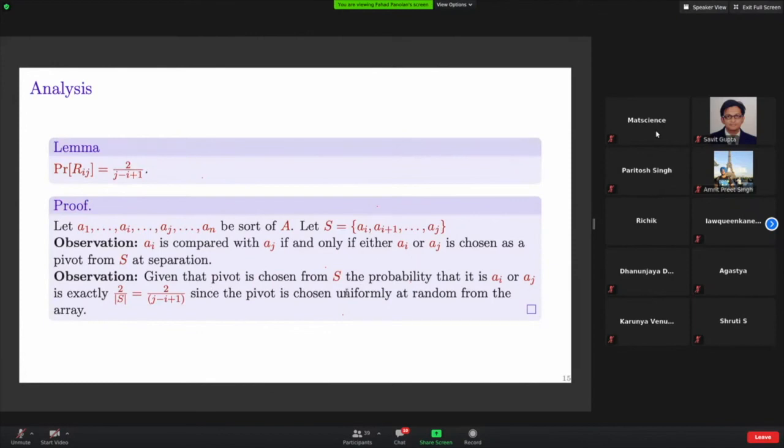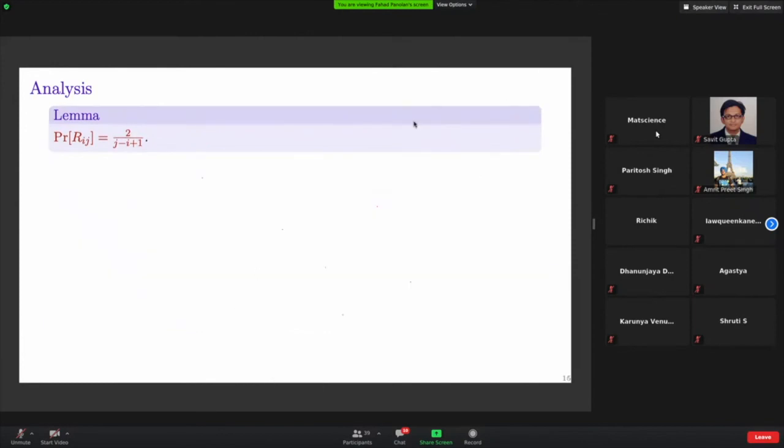Now what I want to prove is the expected number of comparisons, the expectation of Q of A. By linearity of expectation, and using the fact that the Xij's are indicator random variables, we got that it is equal to the summation of the probability of Rij. And Rij is 2 by j minus i plus 1, that's what we proved.